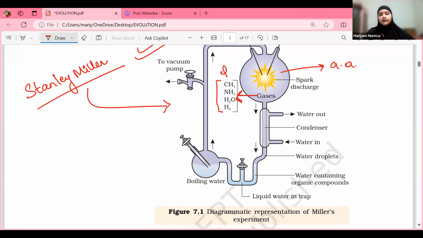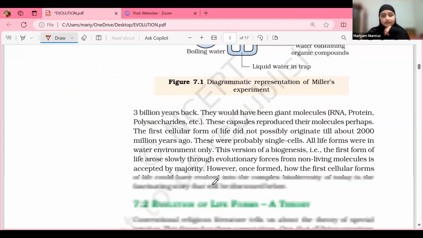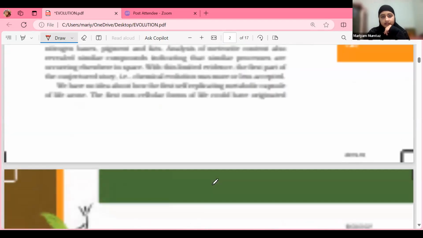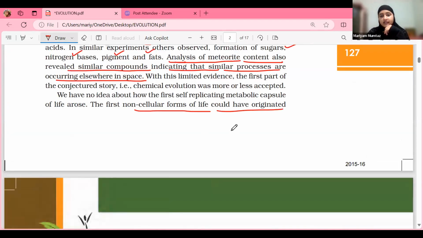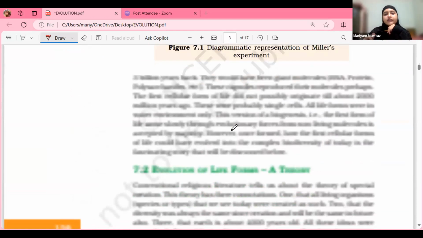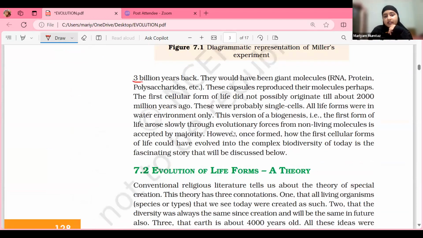All right, now let's move forward. They are saying that the first non-cellular life forms could have originated 3 billion years back. They would have been giant molecules such as RNA, protein, polysaccharides, which are complex sugars. These capsules perhaps reproduced their molecules.